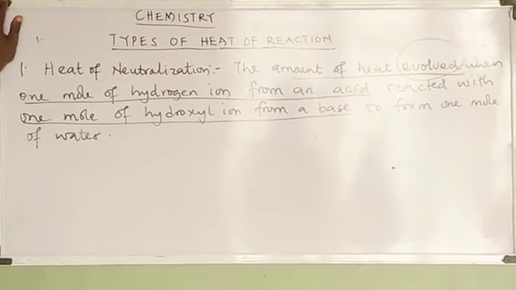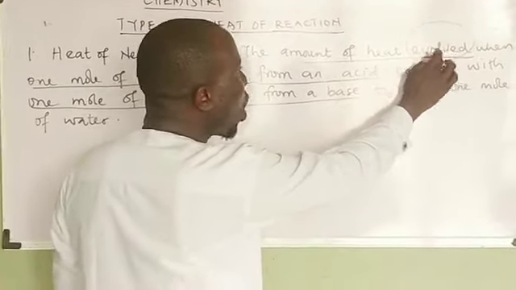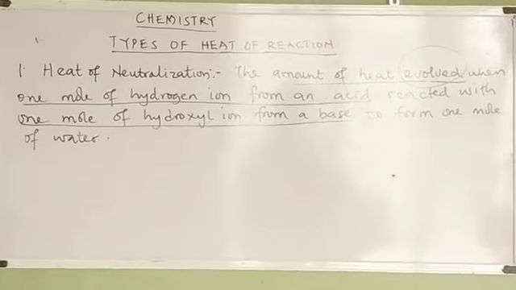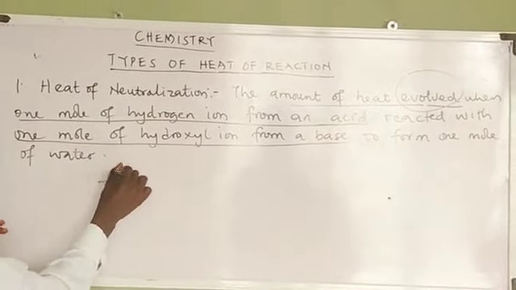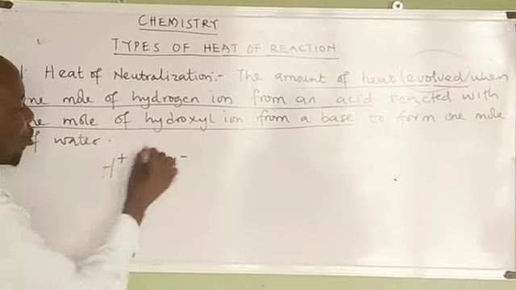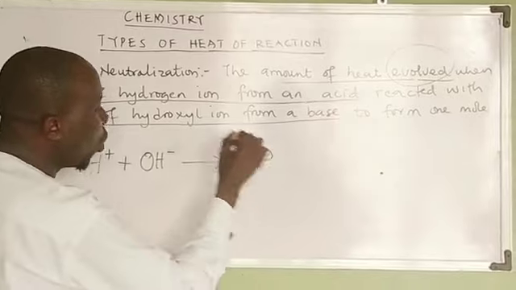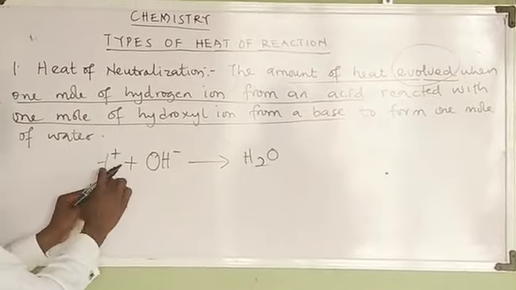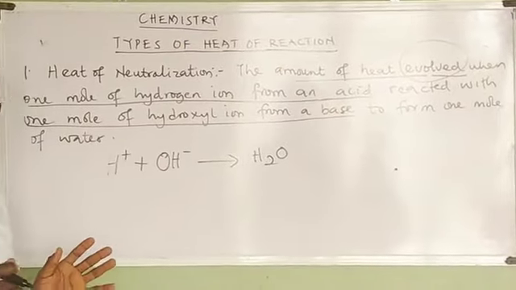Are you getting it now? I use evolved here because I am pretty sure that whenever hydrogen ion from an acid tries to react with hydroxyl ion from a base, it is going to give me H2O. I'm pretty sure that neutralization reaction is an exothermic process.